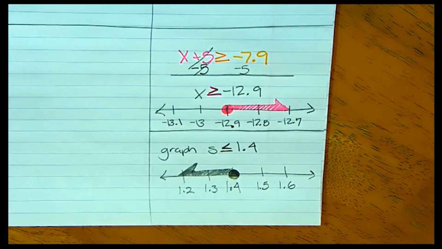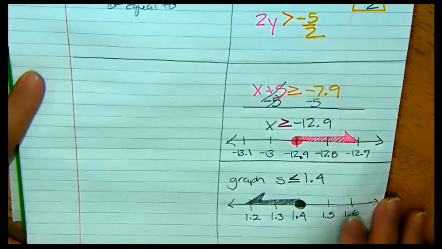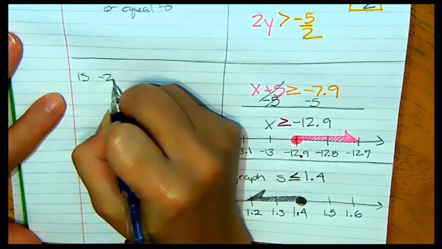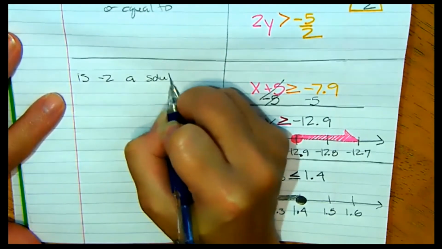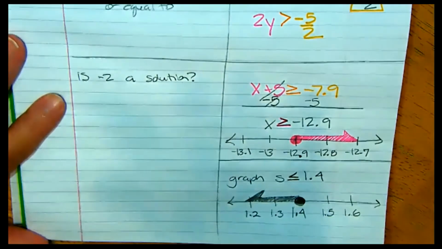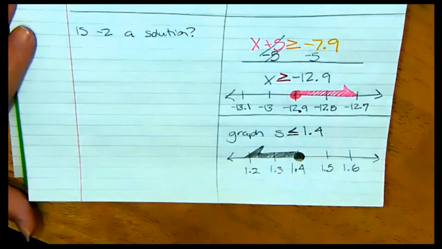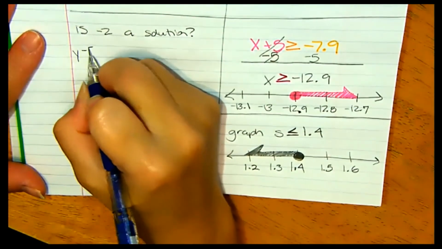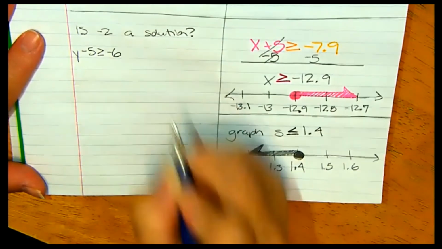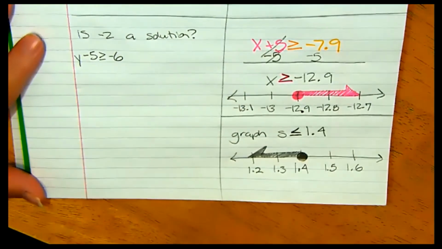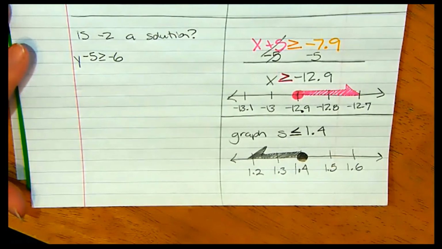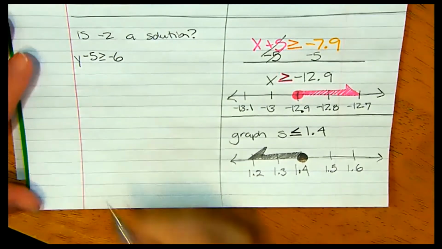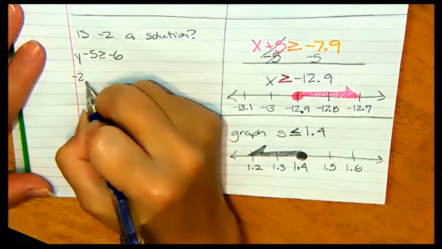Now, sometimes they'll ask us something like this. Is -2 a solution? And they'll give you an inequality. So this is kind of like equations. We're going to take -2 and substitute it in.